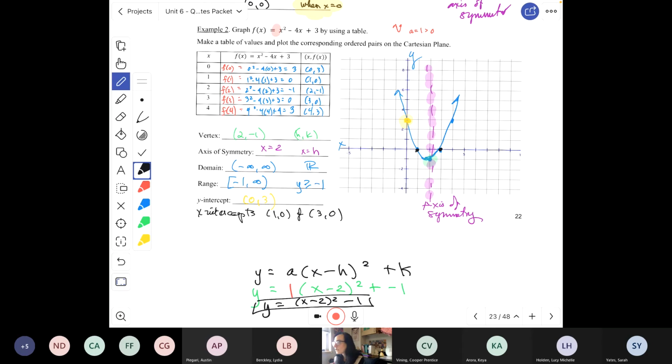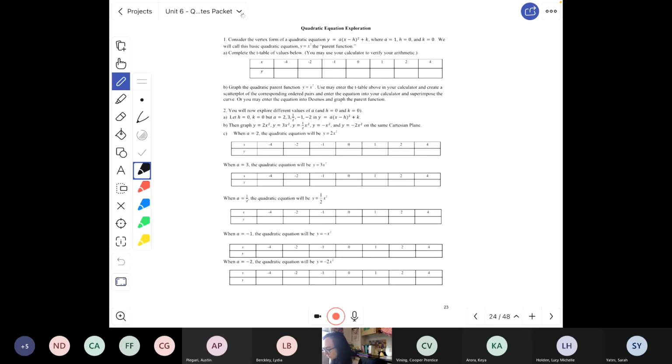Okay, what I would like you to do now is a little exploration, because I want to prove to you that originally when we learned about our transformations made to graphs, parent functions, that these transformations can be applied to a variety of family of functions.